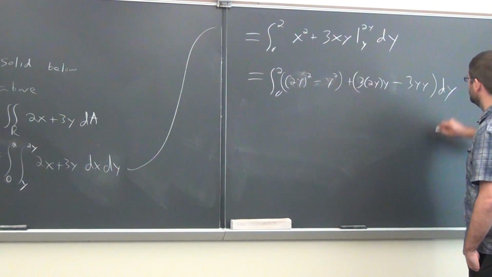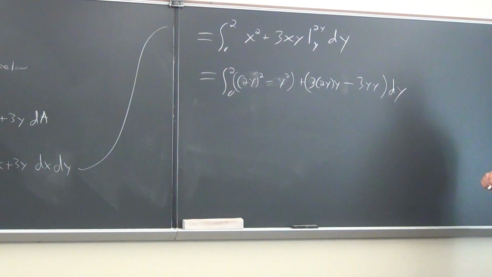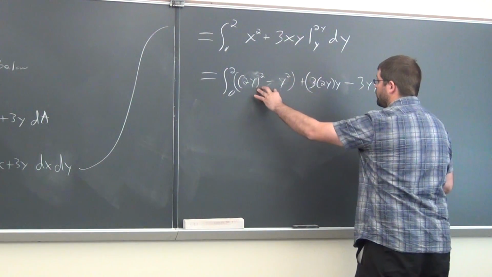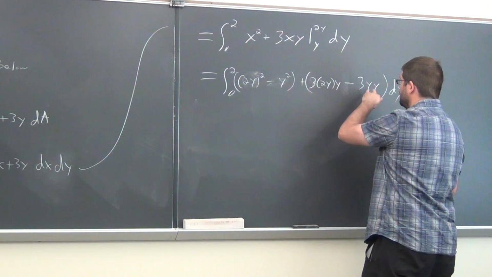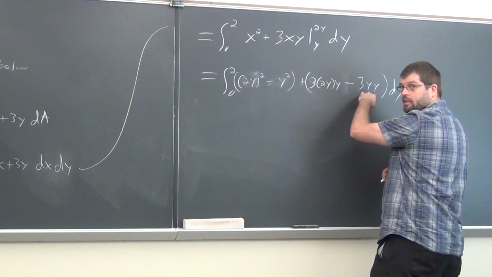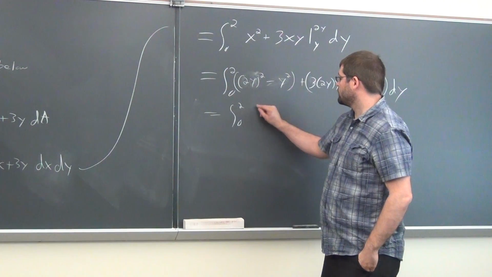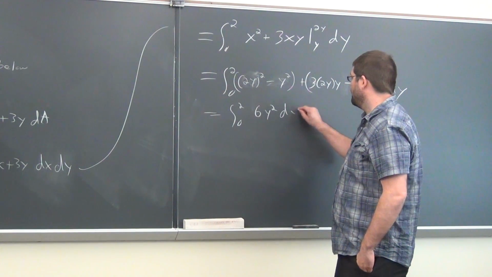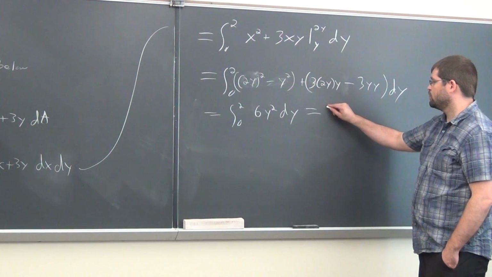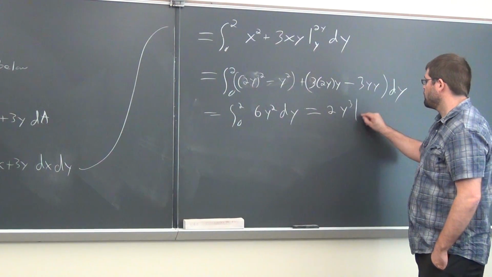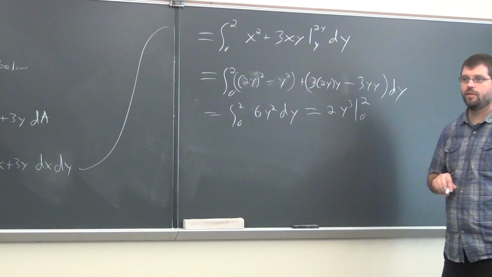So, again, if you want to do it in your head, go for it. But what do we end up with? We get 4 of them minus 1 of them, so 3, and then 6 minus 3, right? So we end up with 6 total. Does that make sense? So 6y squared dy, and then what? 2y cubed, 0 and 2. Okay?